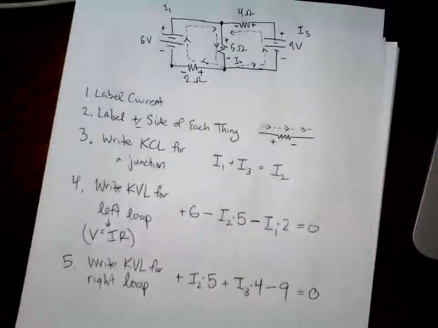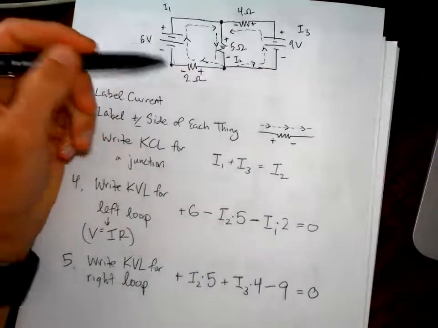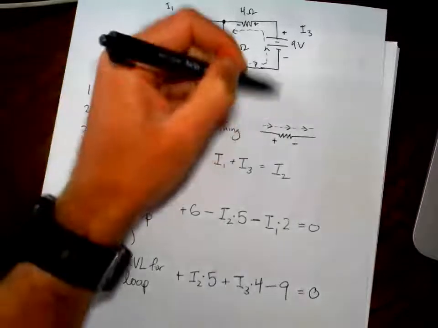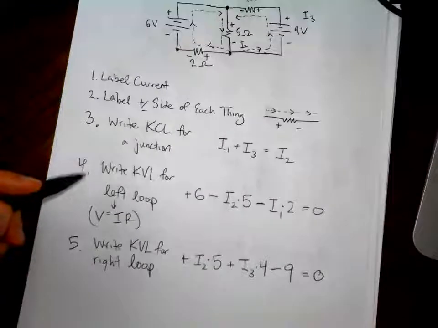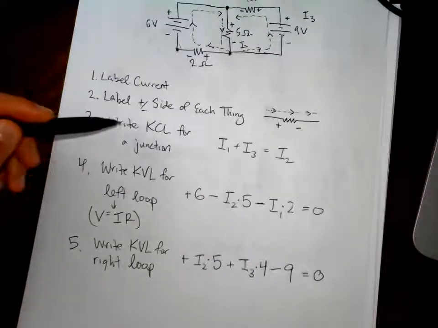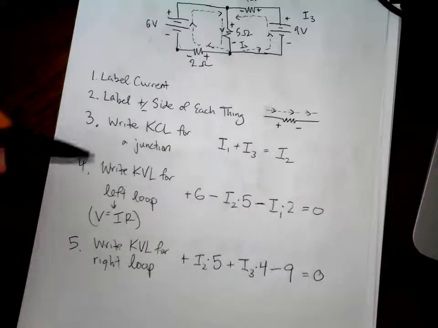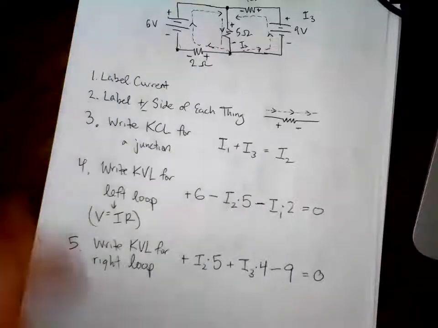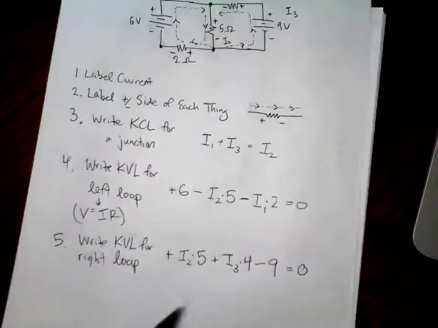If you had a more complicated circuit, maybe with an additional loop, then you would have more KVL equations for each loop. You would also have more KCL equations because you'd have more junctions. But for this simple circuit, that's all you have.